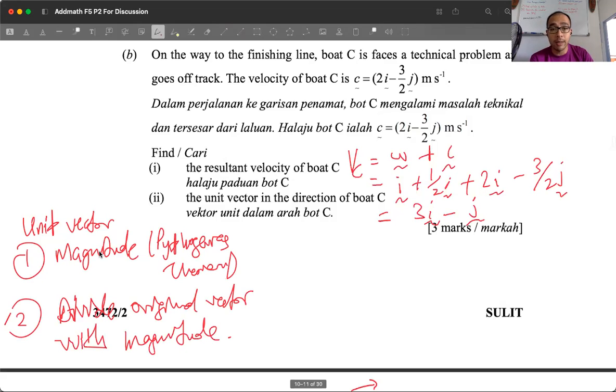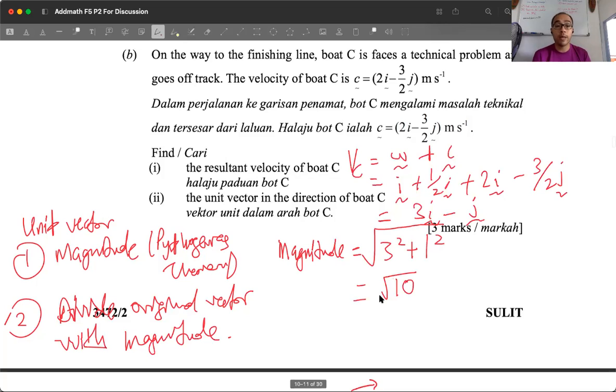So let's calculate the magnitude first. The magnitude is the square root of 3 squared plus 1 squared. Doesn't matter whether it's negative, negative 1 squared is also 1. So you will get square root of 10. Dan biarkan dalam bentuk square root, don't have to convert to decimals, because kita mau divide saja.